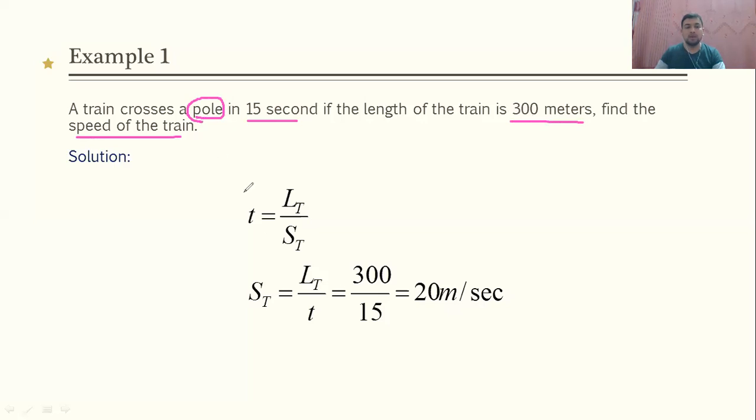So what will be T? T is equal to LT upon ST. LT is 300, ST we have to calculate, and time is 15 seconds. So ST is LT upon small t, 300 upon 15, which is 20 meters per second. This is a very simple example.